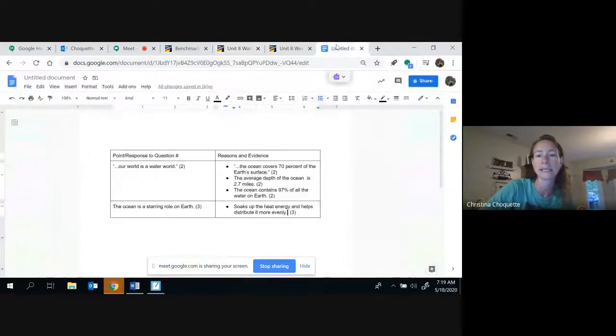So in your lesson, each one of you is going to have a document. This example will be in the document, and you will have another chart below that you will fill out for points that the author makes to answer their question and the reasons and evidence they use to support it.